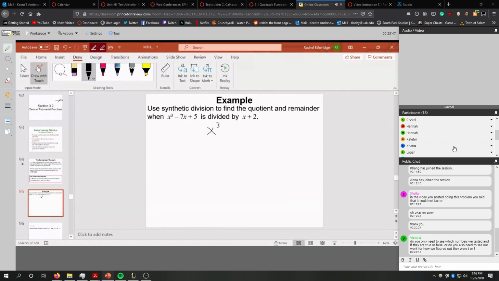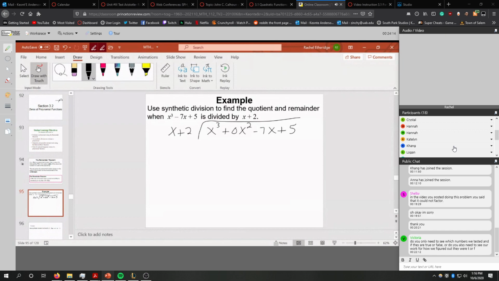And if we're missing a degree, and this starts with degree 3 and goes to degree 1, we want to add a 0x squared in, because we don't want to be missing one of our degrees. And in long division form, it would look like this. And we would just use long division to go through and find that.